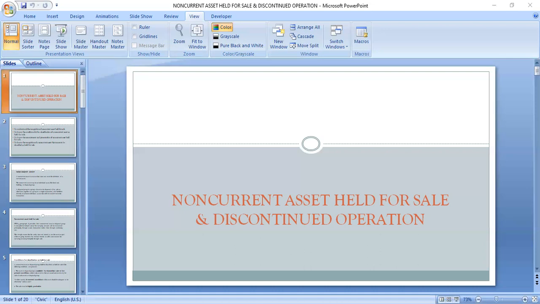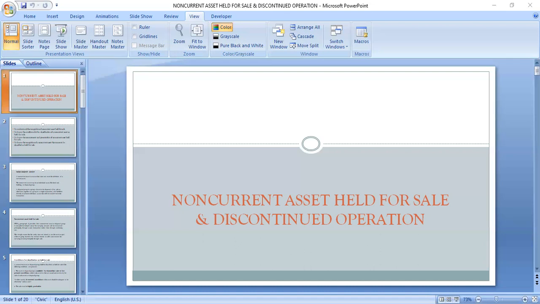Actually, I am adding these objectives in connection with the addition of discontinued operations to non-current asset held for sale.